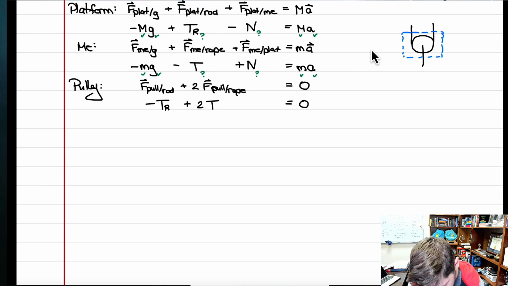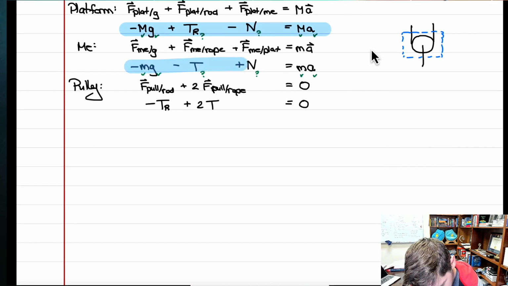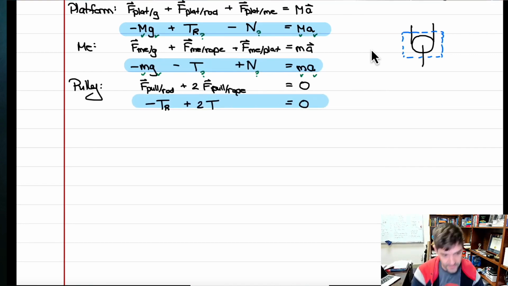Essentially, we want to solve, let me just highlight rather than recopy. We want to solve this, this, and this for the 3 variables we don't know.